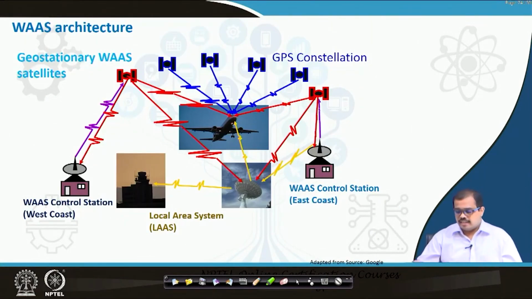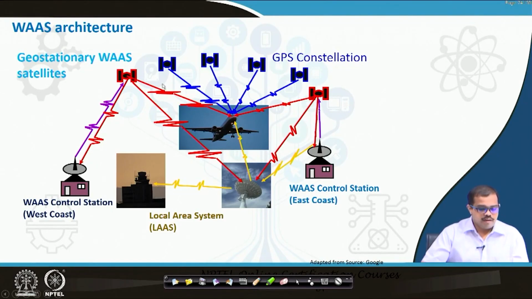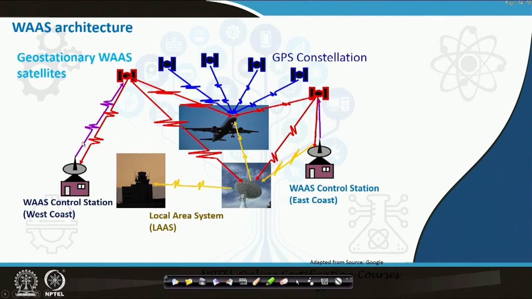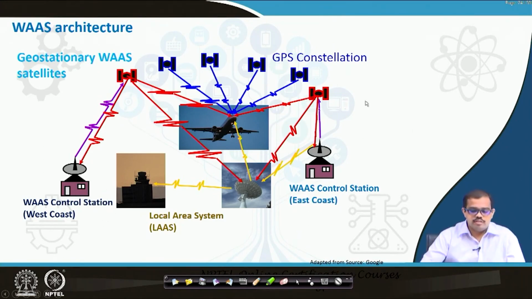When you look at the entire architecture of WAS, we have geostationary WAS satellites here. These are the two WAS satellites represented here, and we have two WAS stations, one on the west coast, the other on the east coast. Signals are sent from these geostationary satellites to these WAS control stations.